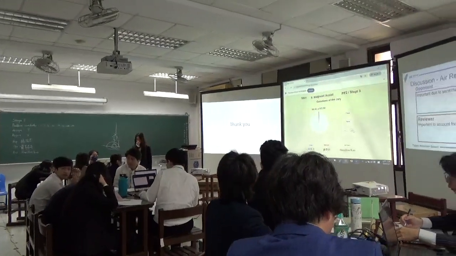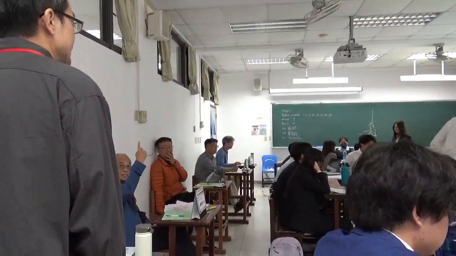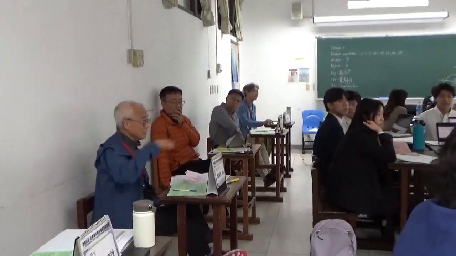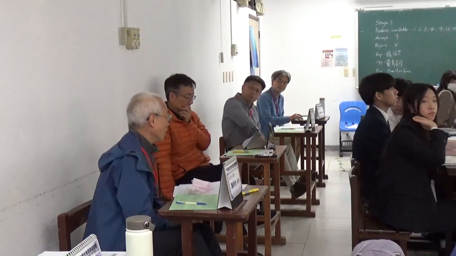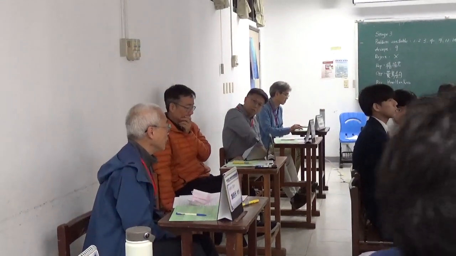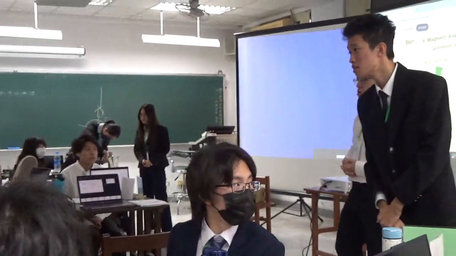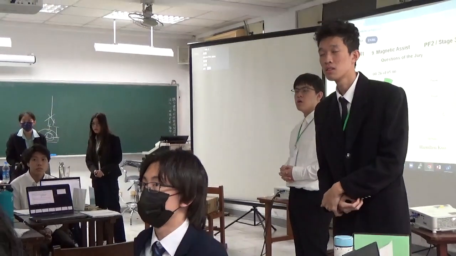Finally, it's time for the viewer to raise a question. The question for the three groups: what's the R dependence of the force of a dipole field? Magnetic dipole. What's the R dependence of magnetic force?